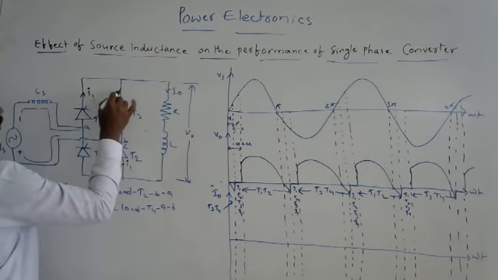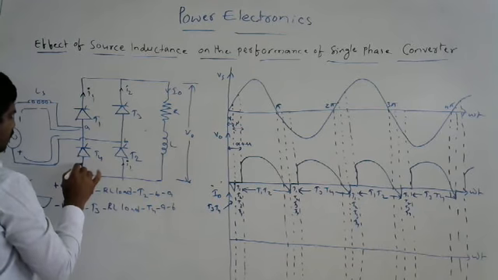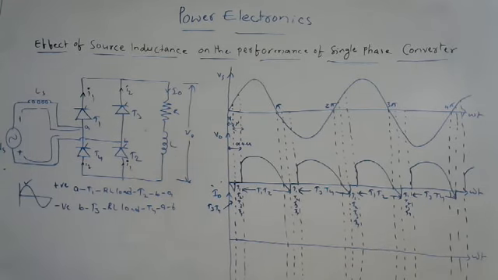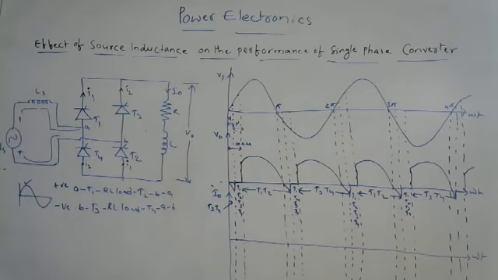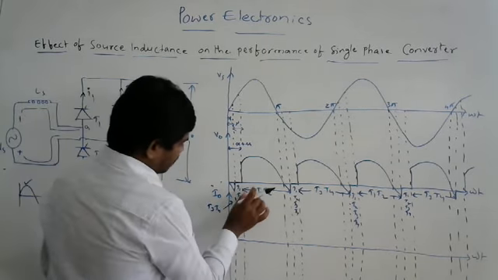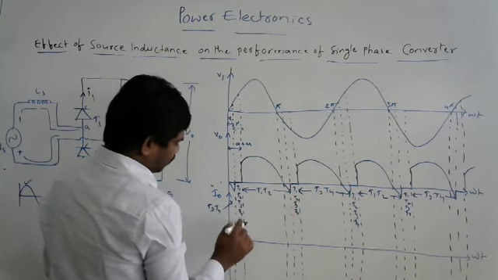Then I am calling the current flowing through T3 and T4 as I2. Current flowing through T1 and T2 is I1, right? Whenever T1 and T2 conduct, current I1 is flowing. Am I clear? From this point of time to this point of time, current is flowing, no?